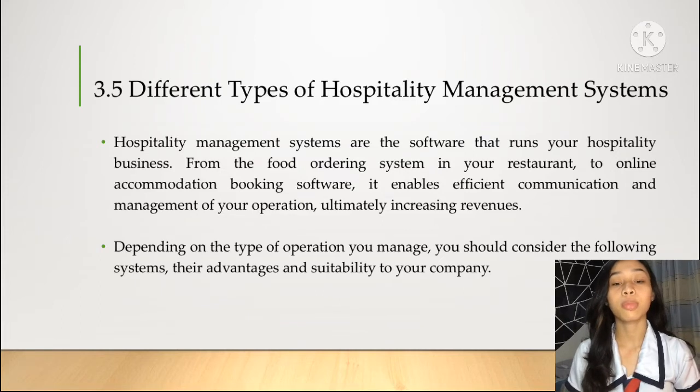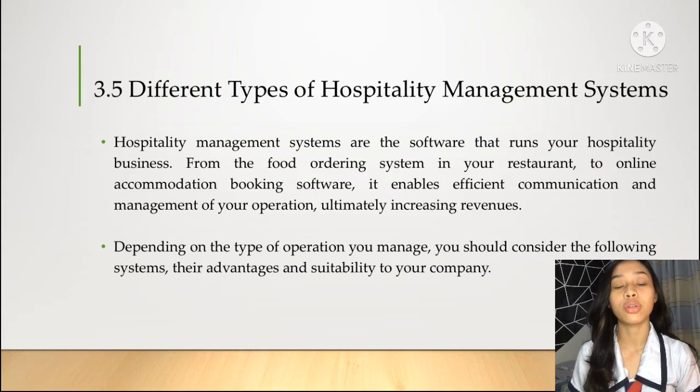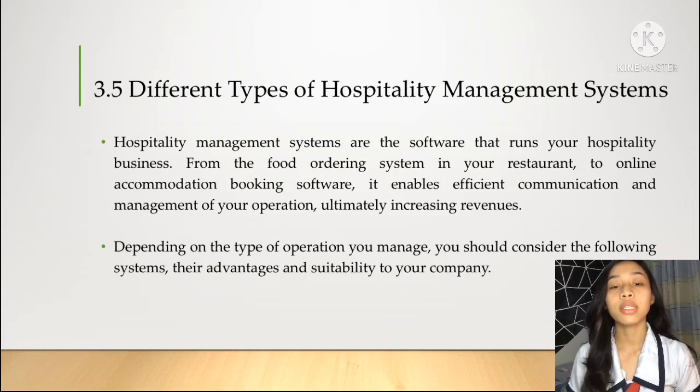With a range of hospitality management systems to choose from, understanding what is offered is important in order to find the right system that is tailored for your needs and budget. Depending on the type of operation you manage, you should consider the following systems, their advantages and suitability to your company. So this will be discussed by our next presenter.